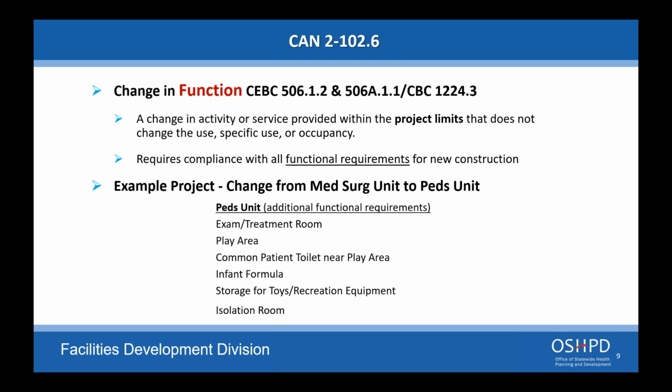If you're opening up the ceiling, you see some non-compliant conditions up there, they were never compliant, your option is to correct it as part of this project, or the facility will be flagged as an existing non-compliant condition, and the owner will have to address it at some time in the future, probably before they can do any other work in that area. It's going to be flagged in our system as an existing non-compliant condition that needs to be corrected.